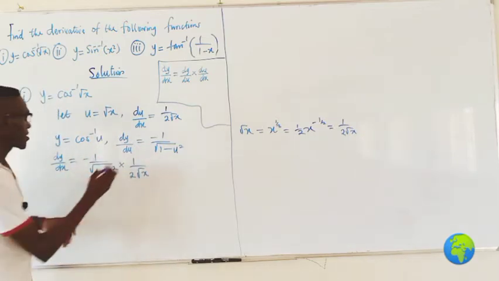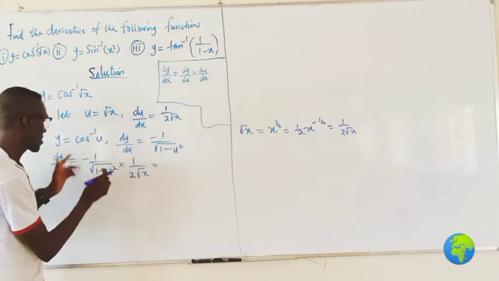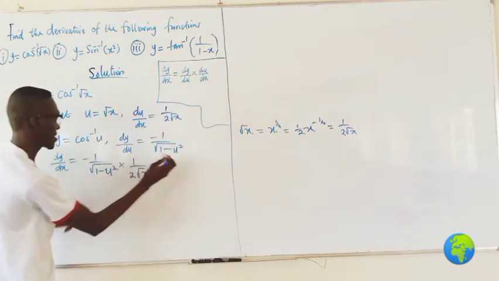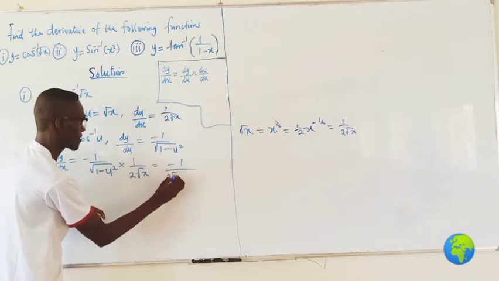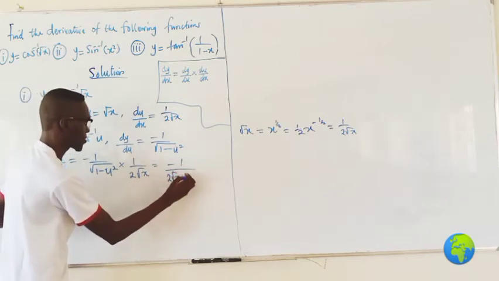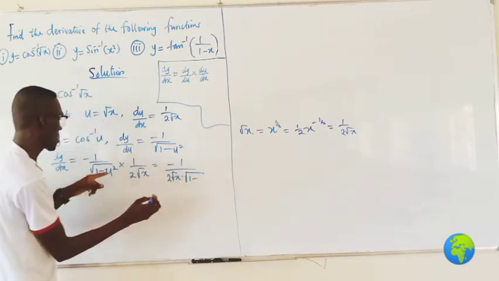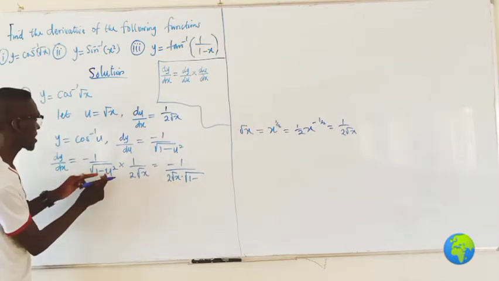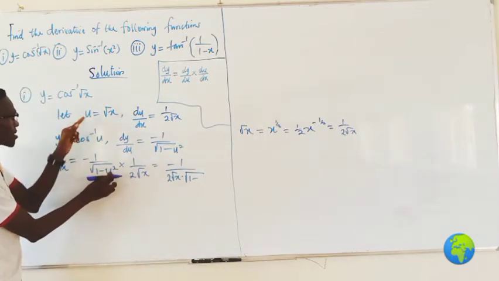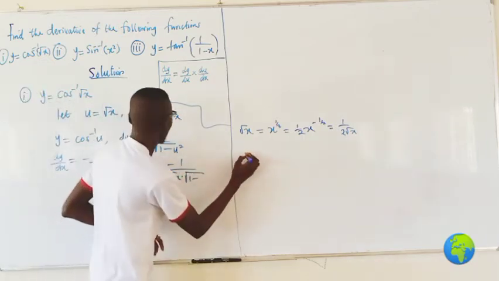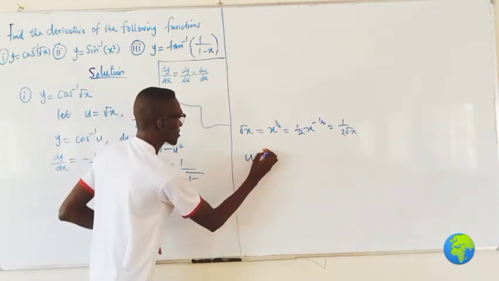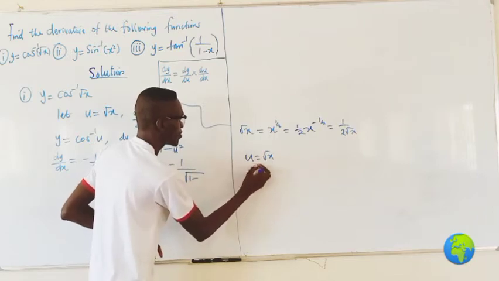So all in all, if we rearrange everything and multiply this and this, I'm going to have minus 1 over 2 square root of x times square root of 1 minus u squared. This time around, we said u was square root of x, right? Look at what I'm to do. If u equals square root of x, what is u squared?